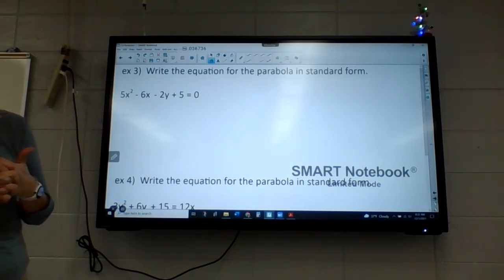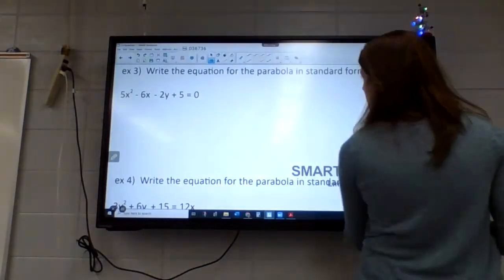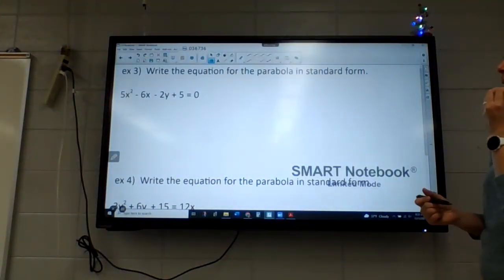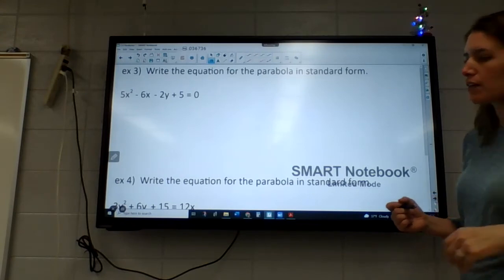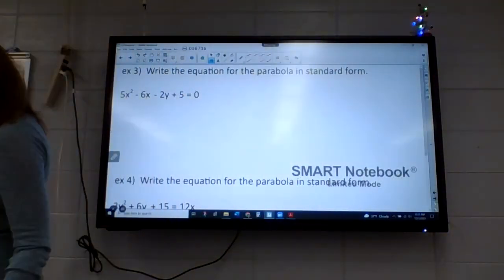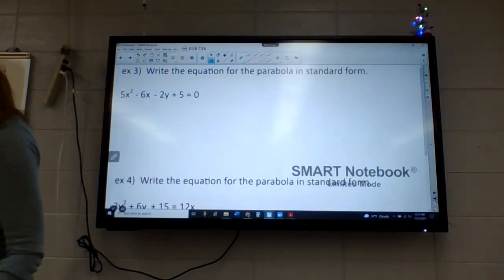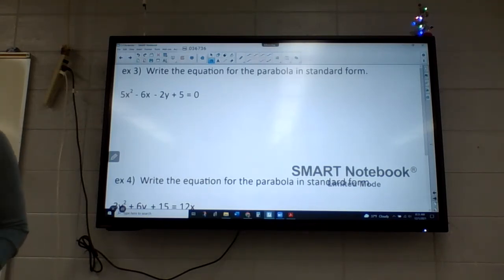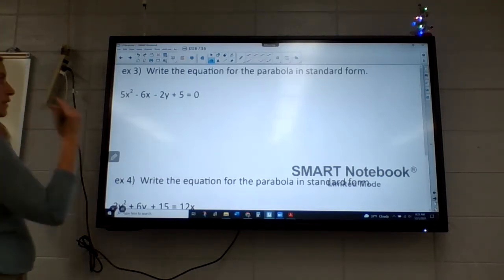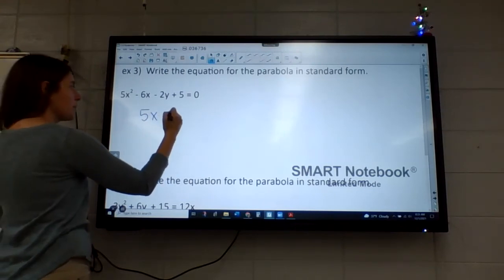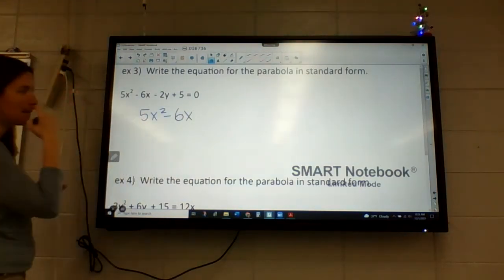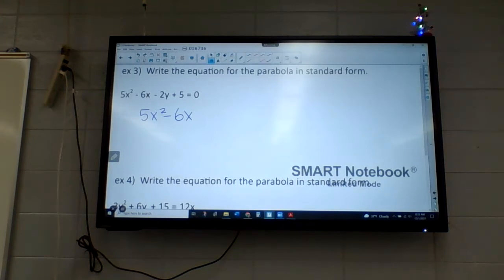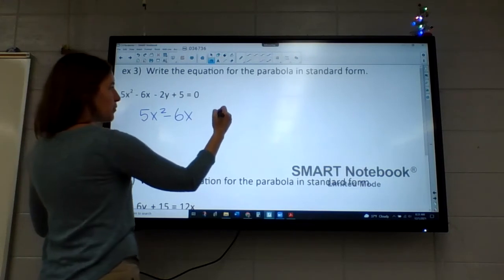I'm trying to remember what to do with that 5. My little cheat sheet goes here. I'm definitely going to put the 2y on the other side.